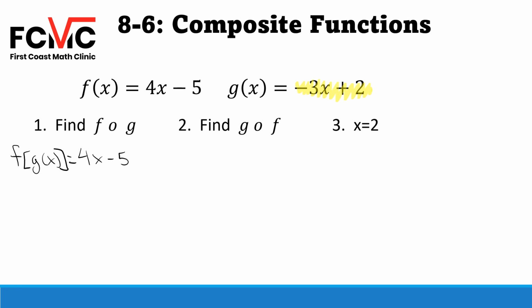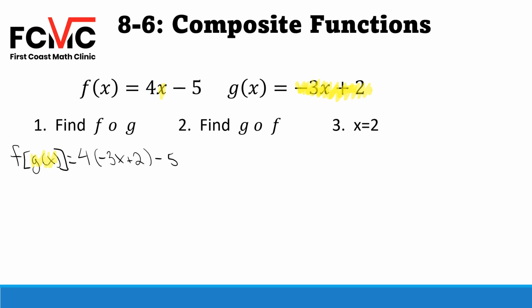That's going to go in for g of x. So I'm actually going to erase this and put that in here. So that's going to be 4 times negative 3x plus 2, minus 5. I basically just took this g of x and put it in for x here.